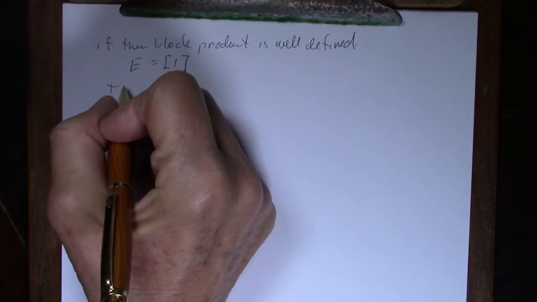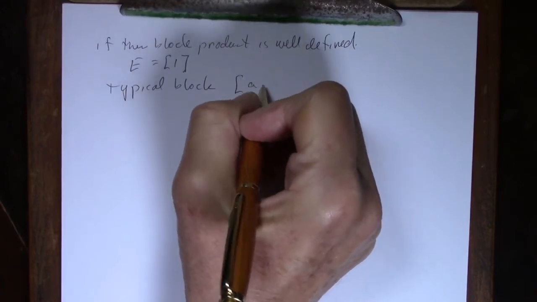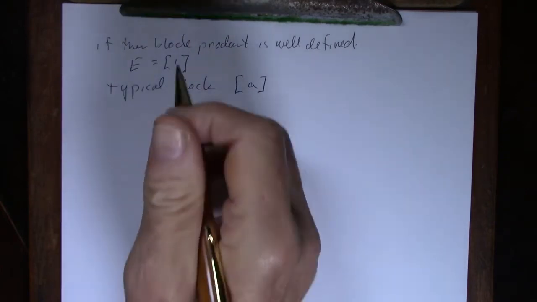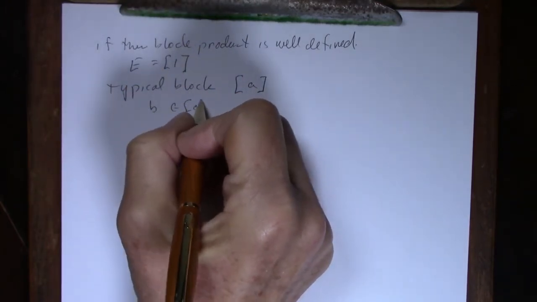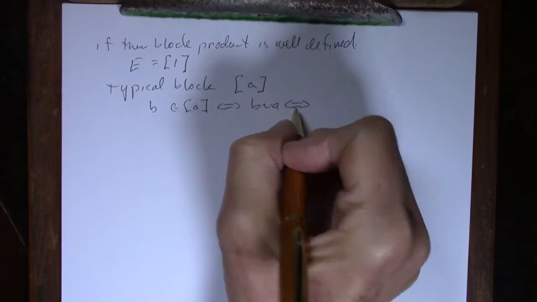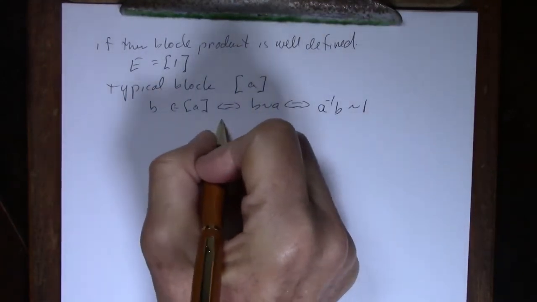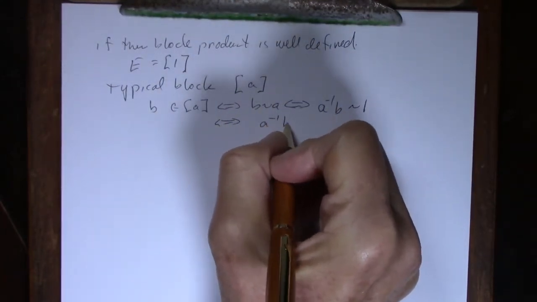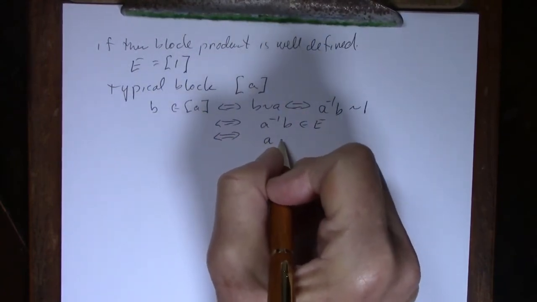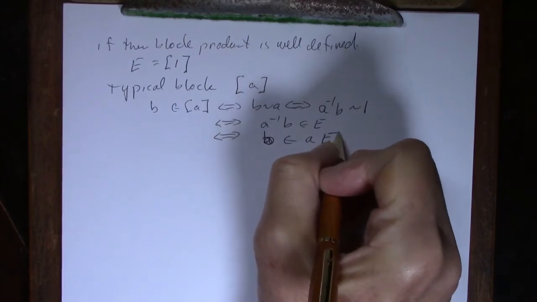Well, a typical block is an equivalence class containing, say, the element A. And B is in A if and only if B is equivalent to A, if and only if A inverse B is equivalent to 1, if and only if A inverse B is in the special block, if and only if B is in the set AE.